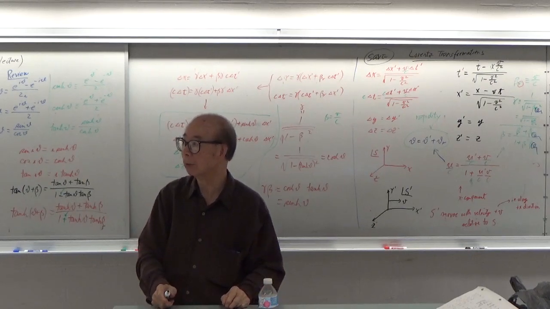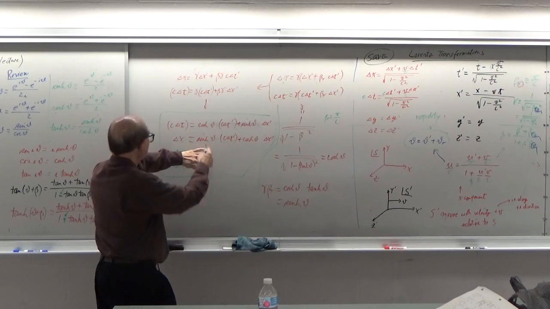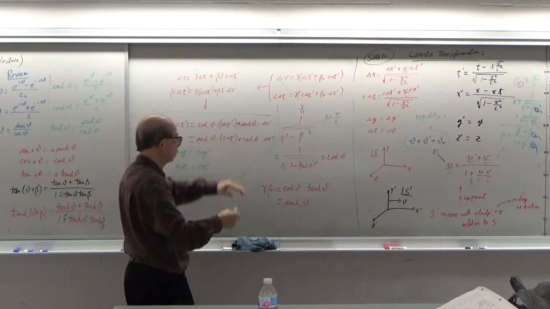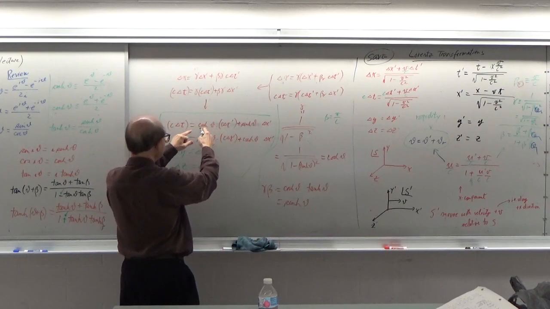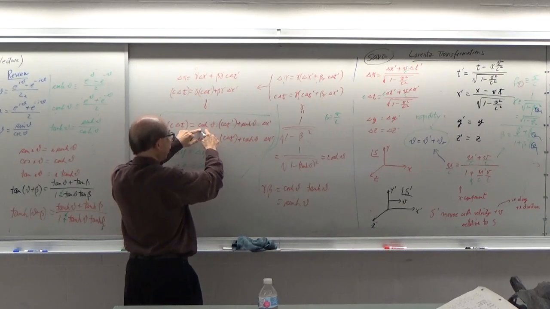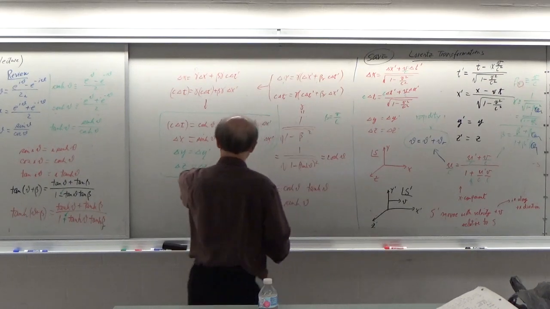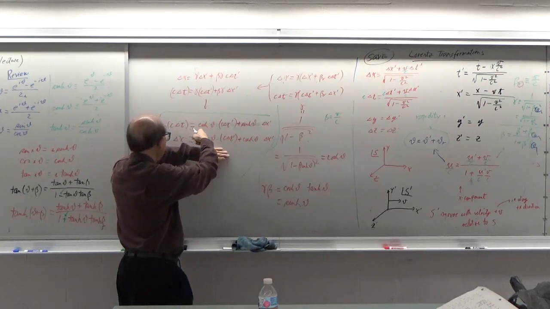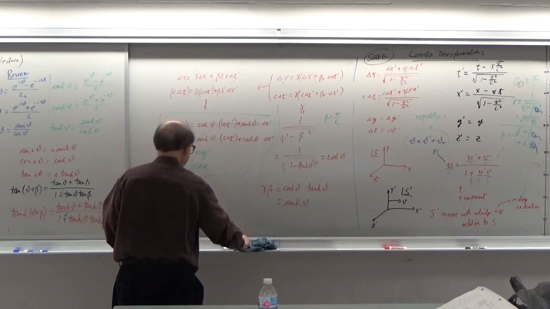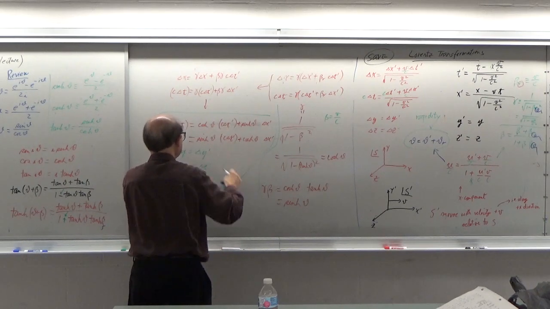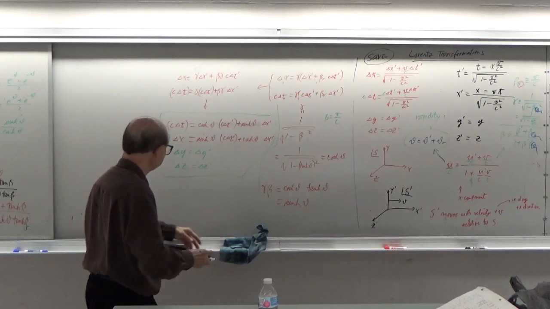Let me make one remark first. Forget about the y and z coordinates. Take a look at the time and x coordinate. The transformation rules are such that those terms on the right side involve cosh, the hyperbolic cosine function, and sinh, the hyperbolic sine function. If I just concentrate on the time and x coordinate, you may find some similarity with the following.